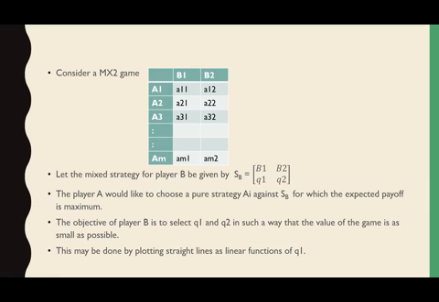He wants to minimize his chances of failure. This may be done by plotting straight lines as linear functions of Q1. So here the pairs will not be the top and bottom. It will be left and right pairs. A11, A12, A21, A22, A31, A32, so on, Am1, Am2. These will be the pairs. Using these pairs, we will plot the straight lines.